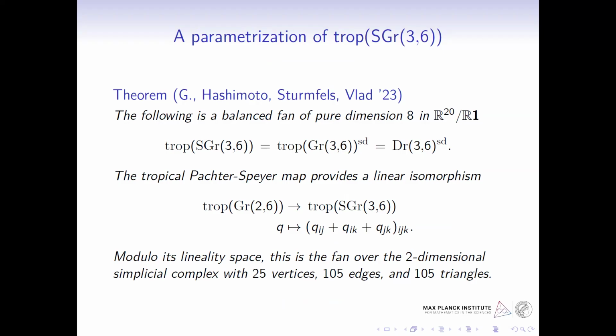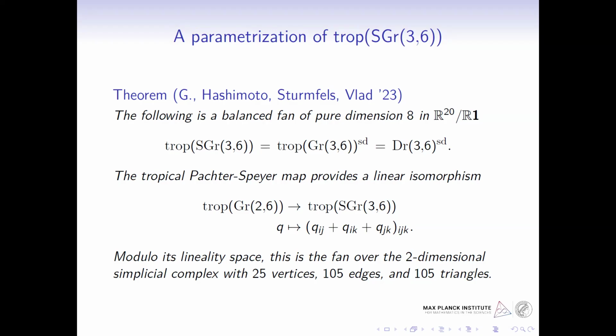So tropicalizing the self-dual Grassmannian is the same as intersecting the tropical Grassmannian with the tropical self-duality condition, which is the same as the self-dual points of the Dressian. And this is a balanced fan of pure dimension 8, which modulo its linearity space is a fan over a 2-dimensional simplicial complex with these numbers of vertices, edges, and triangles.